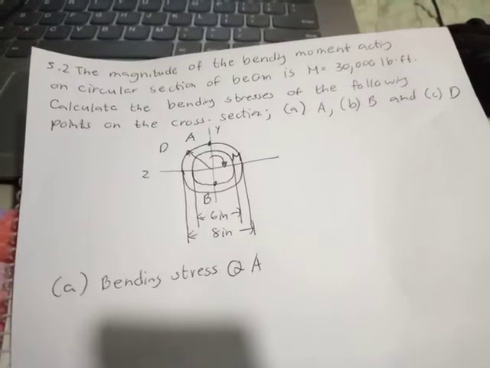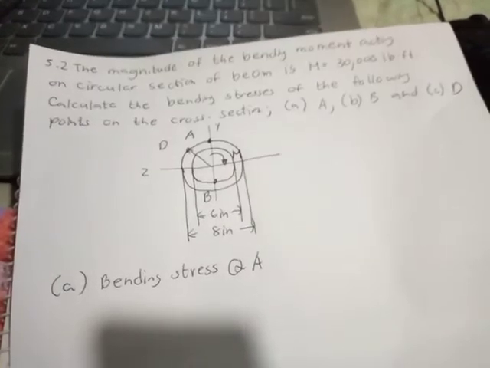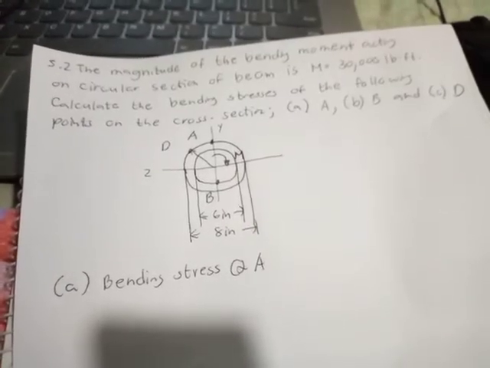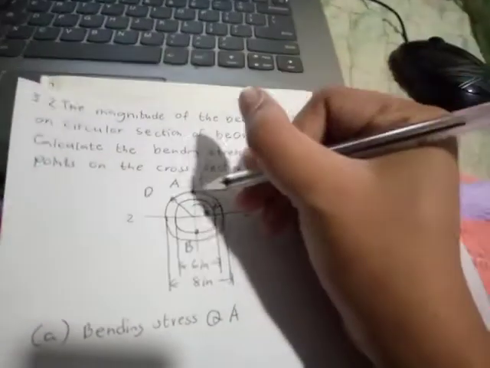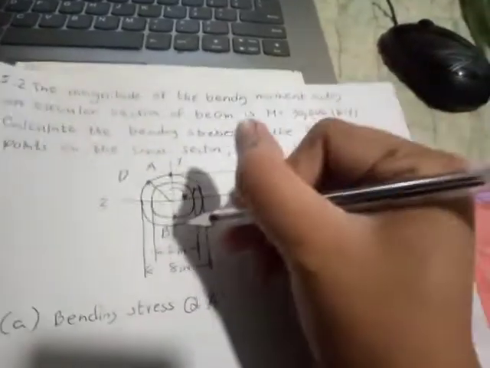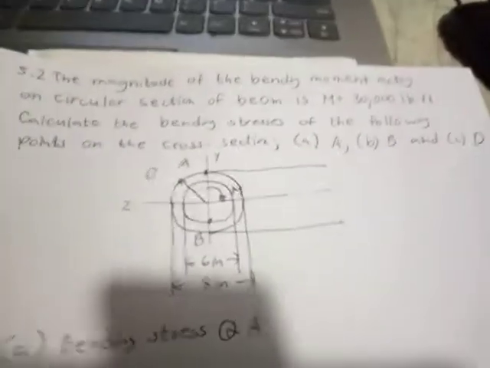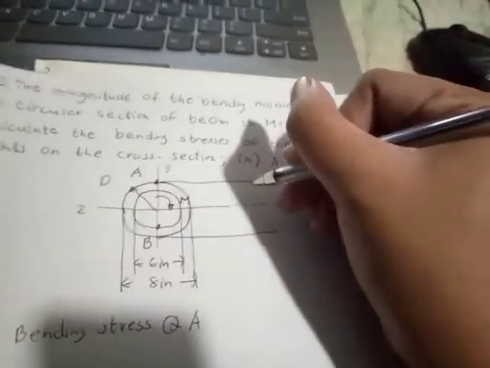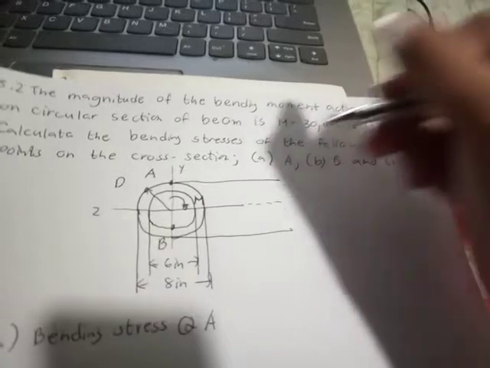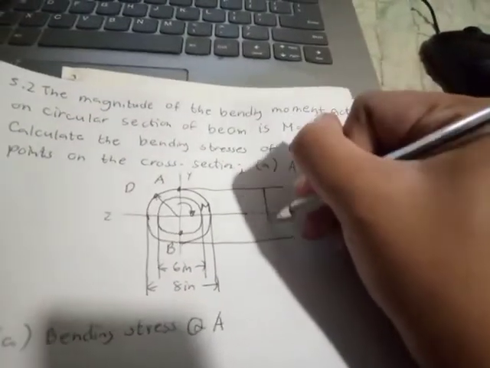So if the moment acting upon the cross-section of your beam is clockwise, its stress diagram will be like this.